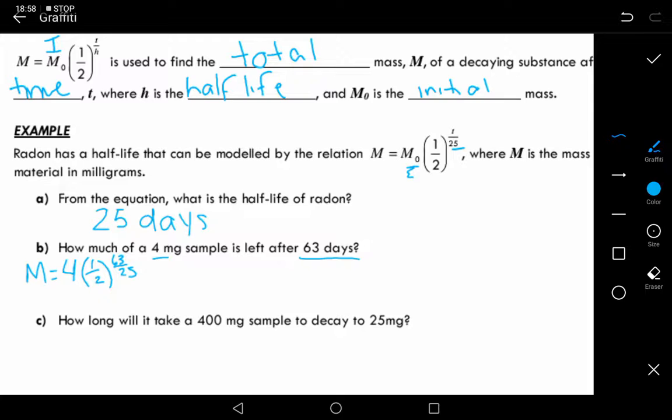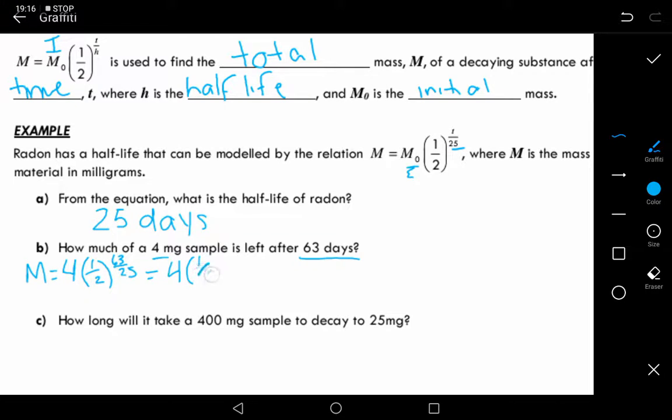Okay, so unlike the first question we did on this page where we got a whole number, you won't always get a whole number, right? In this case, we're going to get a fraction or a decimal as our power. So we have 4.